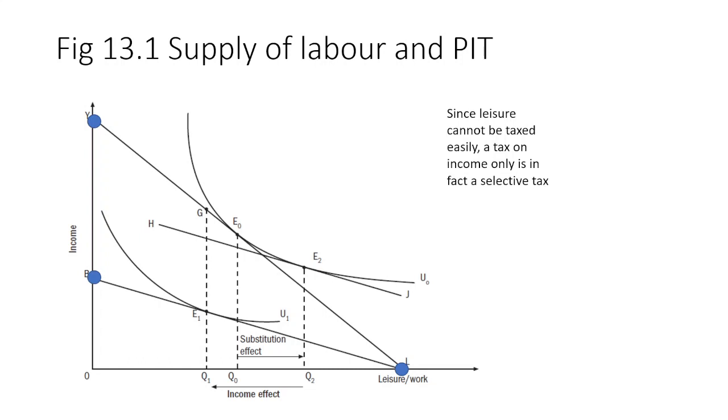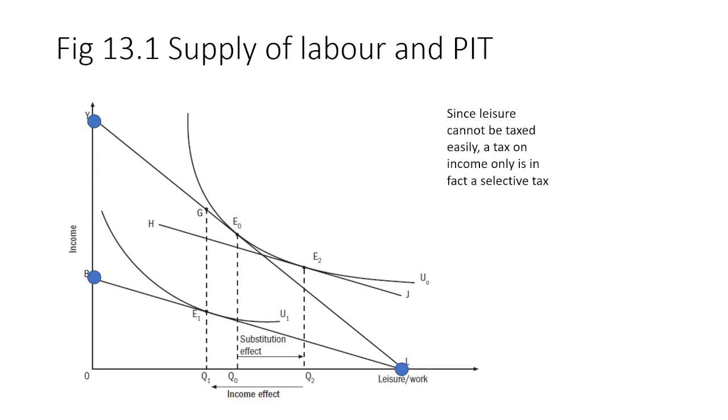So let's say the government taxes income. That means the person can earn less. Now this looks like a severe tax because before she could get to the blue dot on the vertical axis, and now she gets much less than that if there's a tax on income.